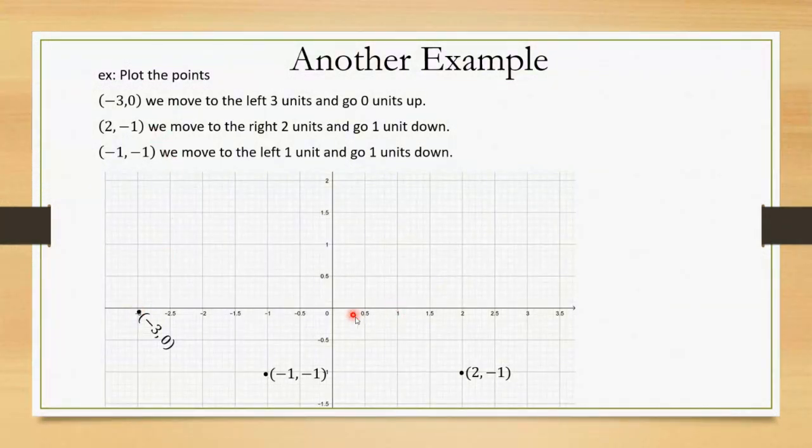For the next point, 2, -1, right? Well, we have to find 2 on the x-axis, 2 units to the right. But now we go down 1 unit because the y coordinate is -1. So we're down here. -1, -1, right?